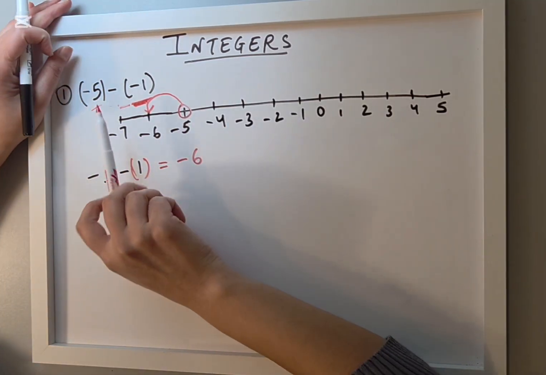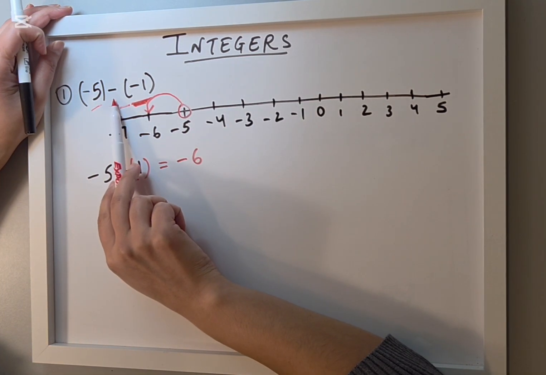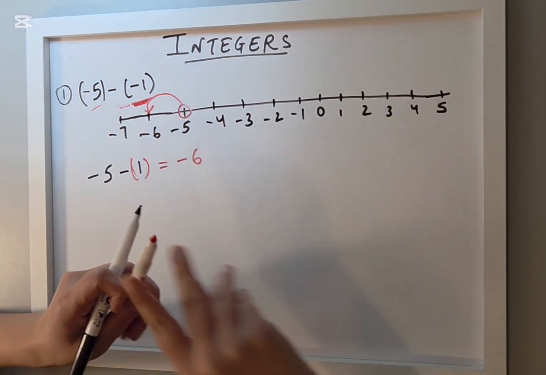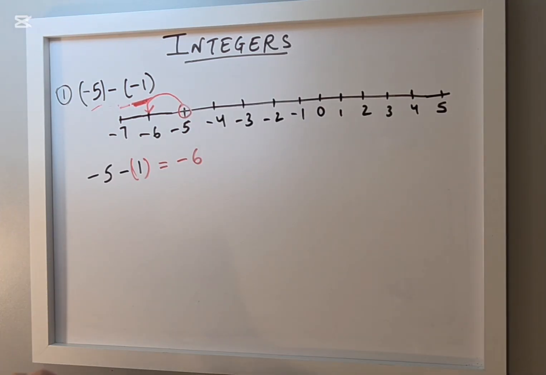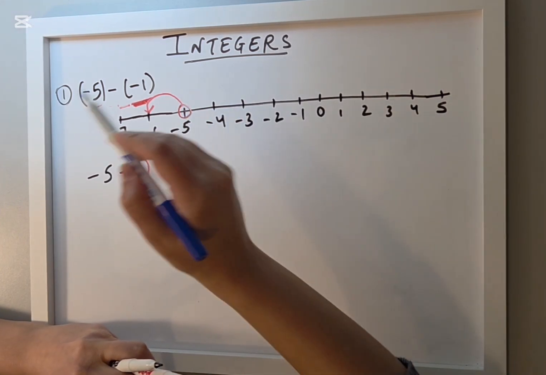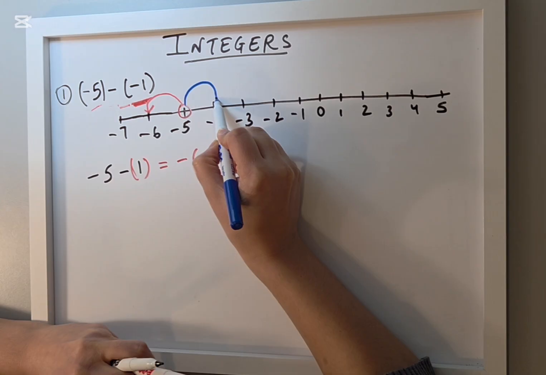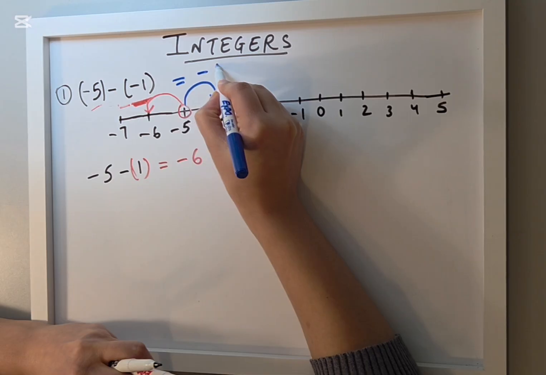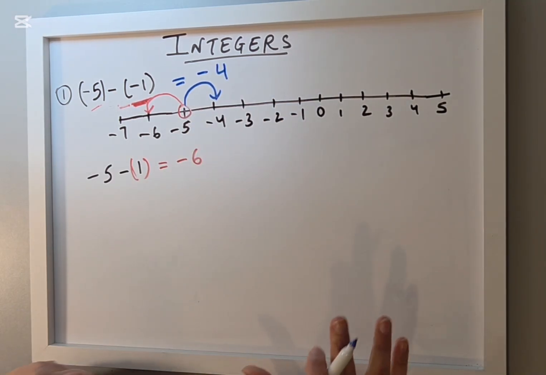But because this is a negative number, instead of going towards the left, we'll have to go towards the right. So minus 5 minus minus 1, we go towards the right. So this will give us minus 4.